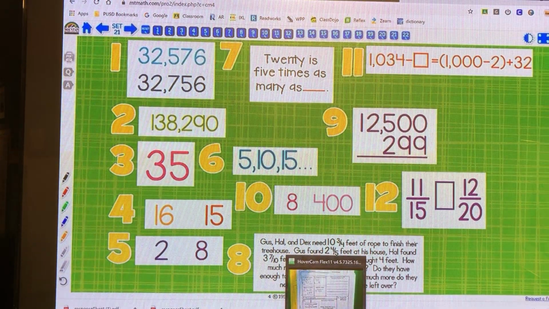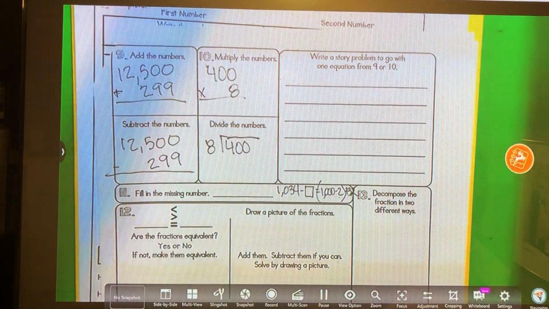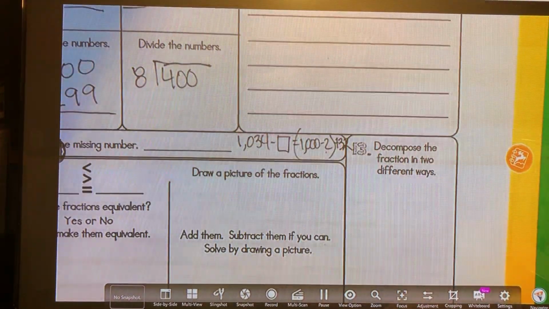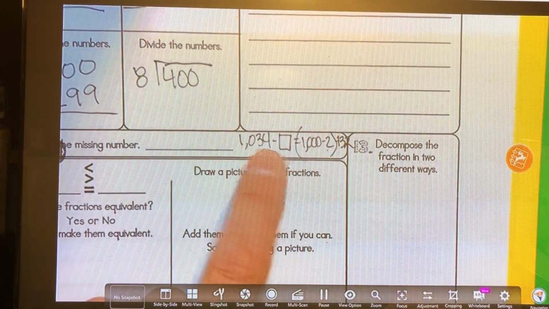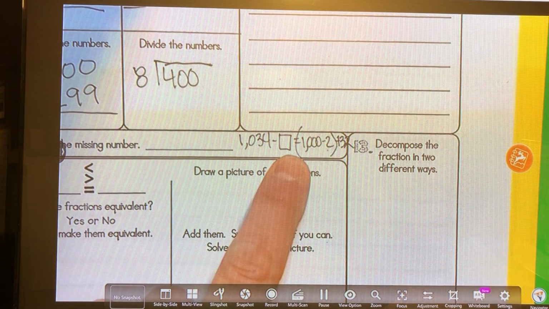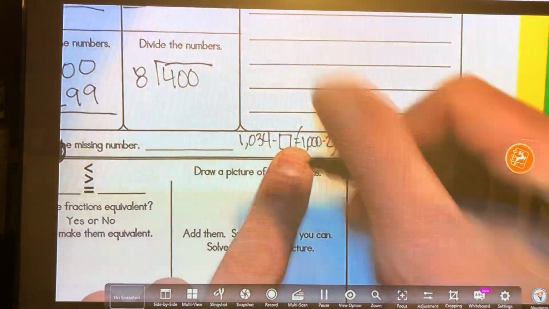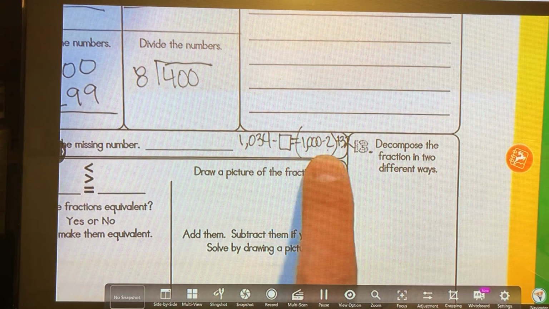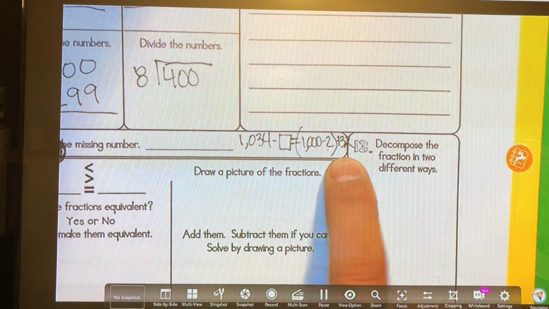Not a whole lot of space for number 11, but 1034 minus the unknown is equal to, and that equal sign is on the outside of these parentheses, sorry, 1000 minus 2 plus 32.